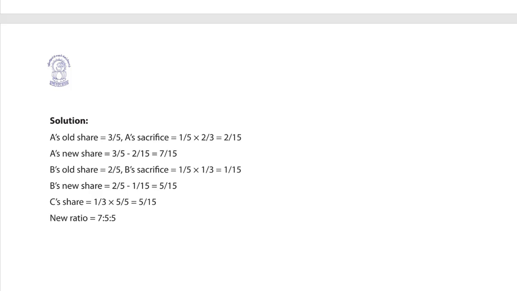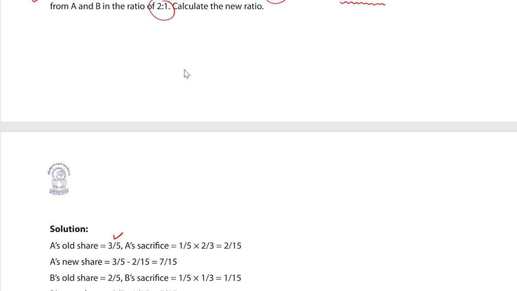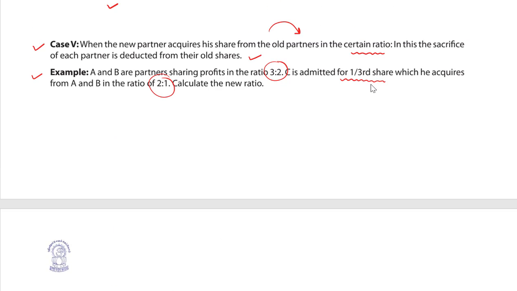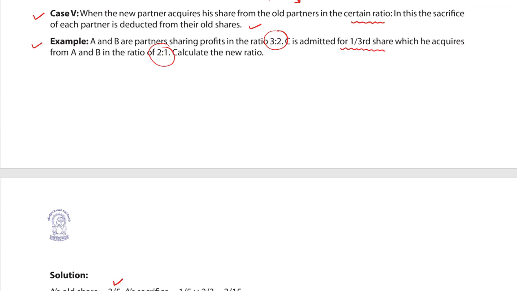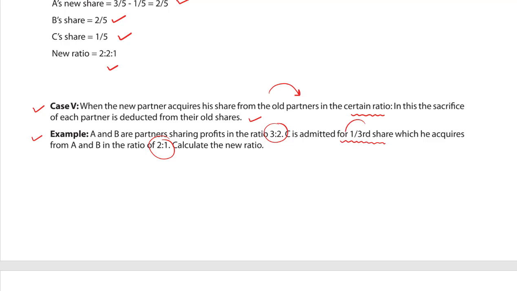Solution. A's old share is 3 by 5. A's sacrifice will be 2 by 3 into 1 by 5.